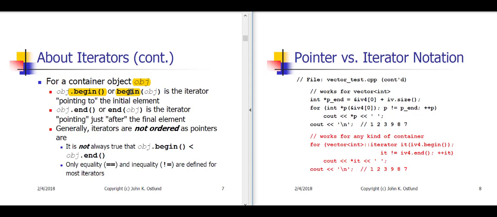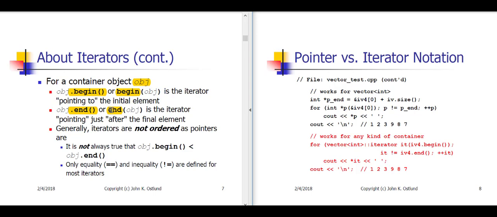They will both produce the same result. Now, the iterator marking the end of the container is either container object.end, or, again, since C++11, you can use end as a function name with the object name as an argument.